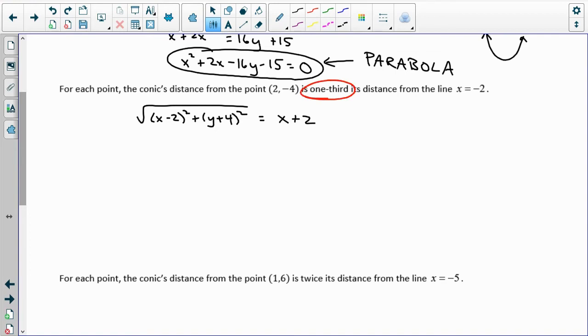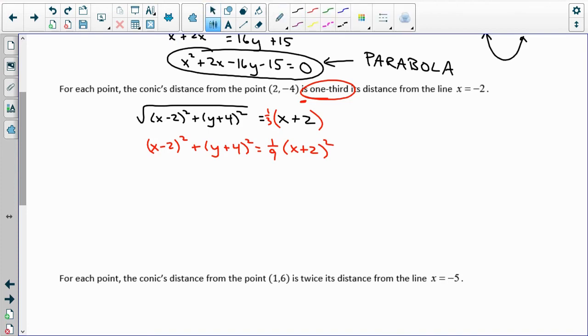So typically when we see these problems, "is" means equals, and then 1/3 times x plus 2. So now I'm going to square both sides. I get x minus 2 squared plus y plus 4 squared equals. Now what happens if I square 1/3? I get 1/9. So I get 1/9 times x plus 2 squared.